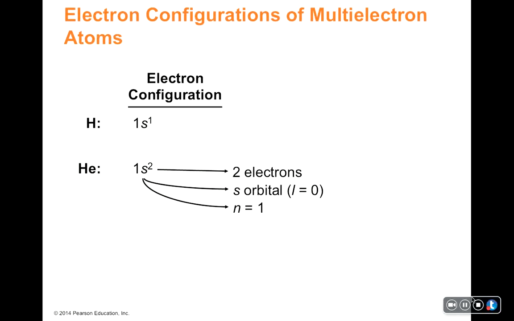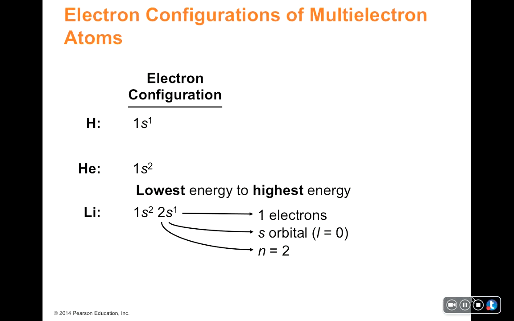So helium has 2 electrons. It's going to go in that first s orbital, and that s orbital would be filled. So its configuration is 1s2. Lithium has 3 electrons, so 2 of them go in the 1s2. The next orbital up from that is a 2s, so that third electron will go in the 2s orbital.